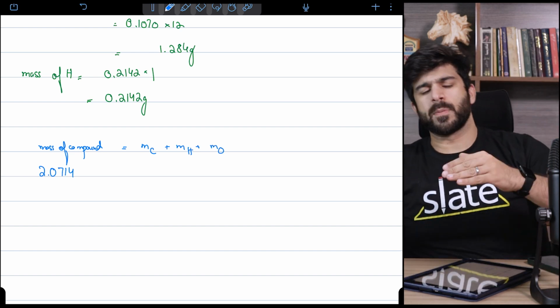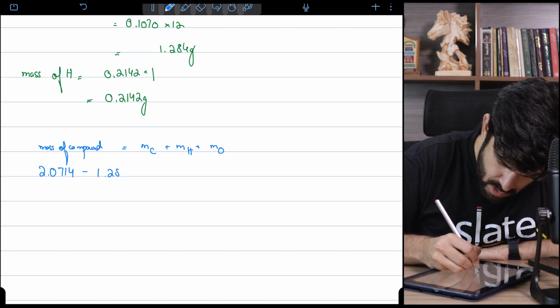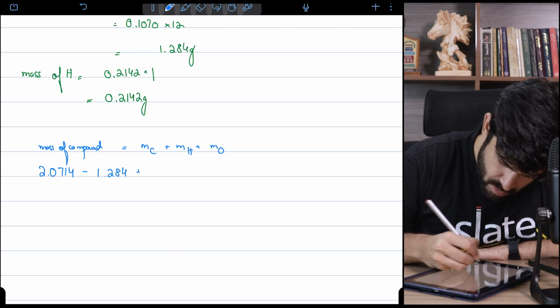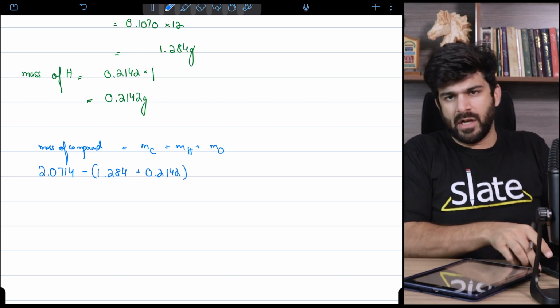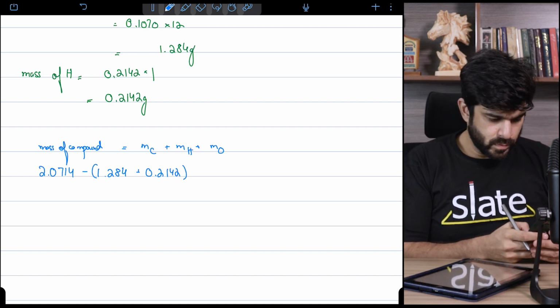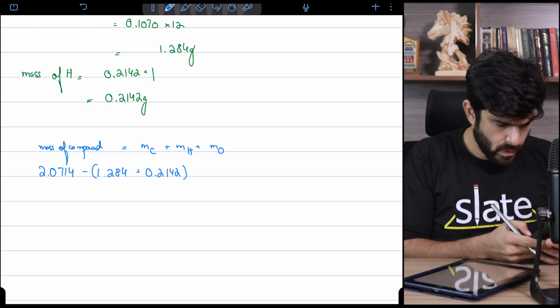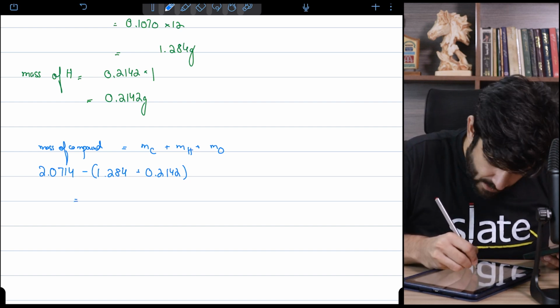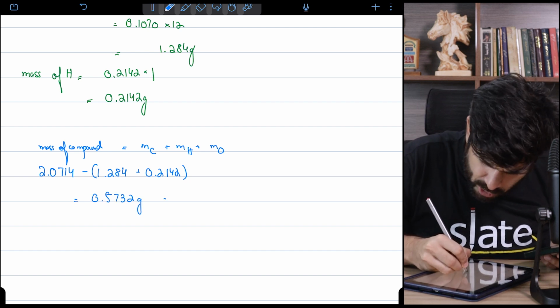So obviously we're going to subtract the mass of carbon and hydrogen from the compound. And the final value will be the mass of oxygen. The final answer is 0.5732 grams of oxygen.